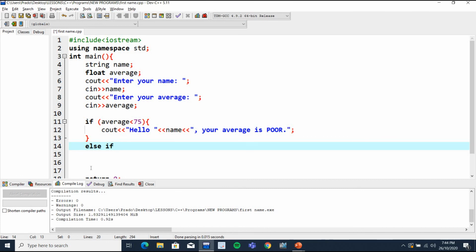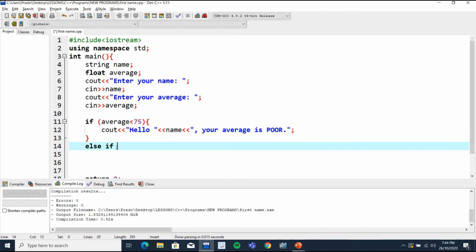Paano naman kung apat yung condition? So, kapag apat po yung condition, the same. So, pinakauna, if muna yung gagamitin natin, and then else if, and then sa pangatlo, else if ulit, and then sa pang-apat, yung pinakahuli is yung else. So, yun po yung paggamit ng if, else if statement.